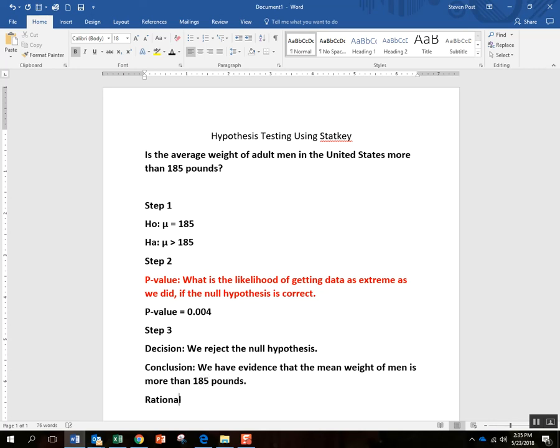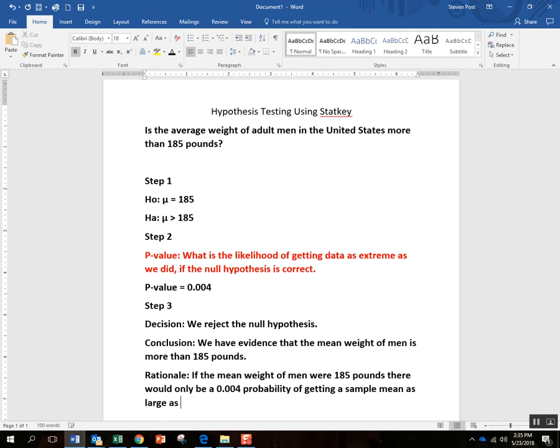And then finally, the rationale. Why did that p-value lead to that conclusion? If the mean weight of men were 185 pounds, there would only be a 0.004 probability of getting a sample mean as large as or larger than the 189.674 that we found in our sample.